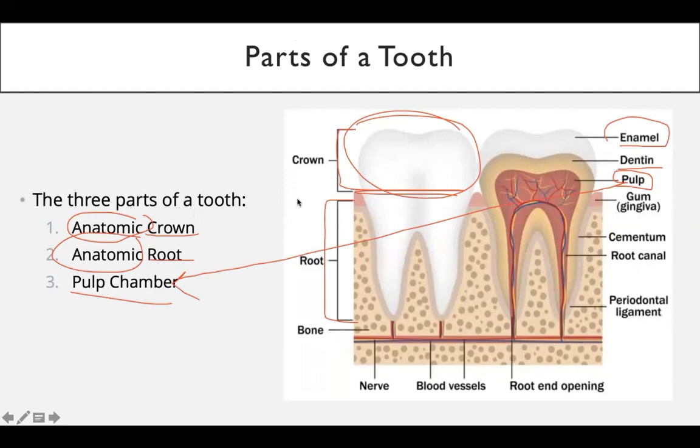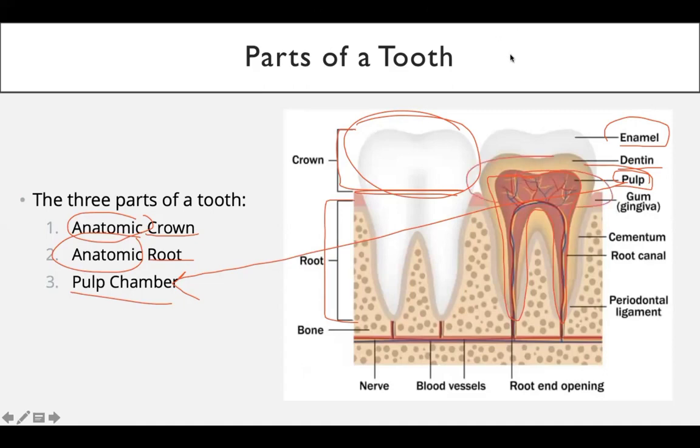The broad terms: there is crown, which has enamel and dentin. Then there is root, which has root canal, periodontal ligaments, cementum, gum is outside, and then there is pulp chamber. This is pulp, which contains all the juicy nerves and arteries and veins.